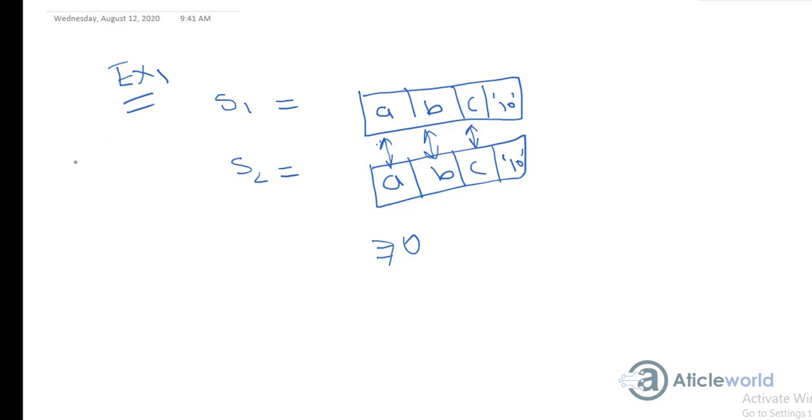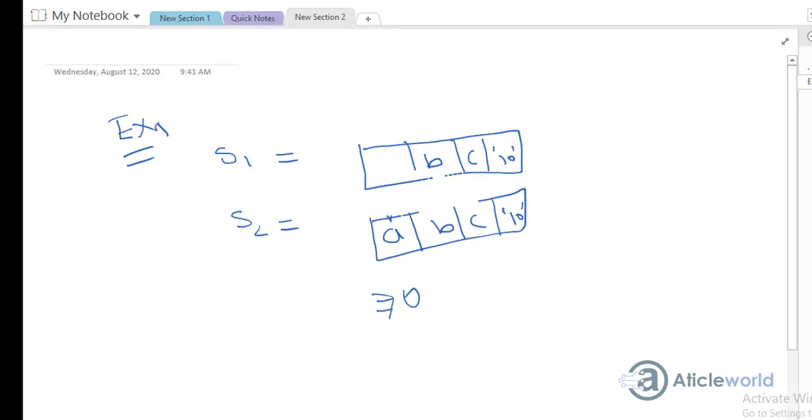Now move to the second example. In the second example, I have replaced this a with b. What will happen when string compare compares s1 and s2? It finds that s1 contains b and s2 contains a, because the ASCII value of b is 98 in decimal and the ASCII value of small a is 97.